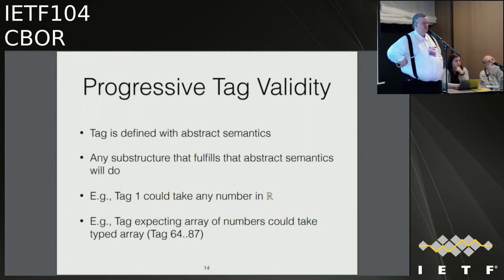Right. So let me just give a number of examples. One example is I have a place in my protocol where I can accept any integer number. Now, if I can represent that in 64 bits, I'm using major type 0 and 1. If I need more than 64 bits, I use tag 2 and 3.